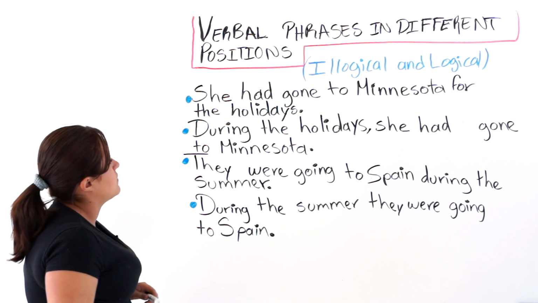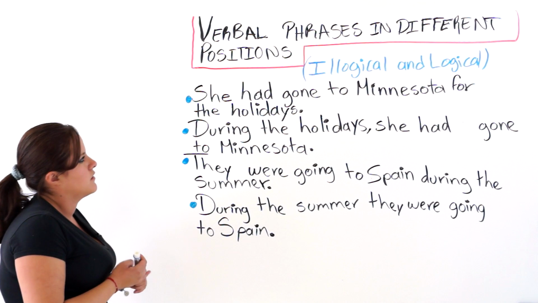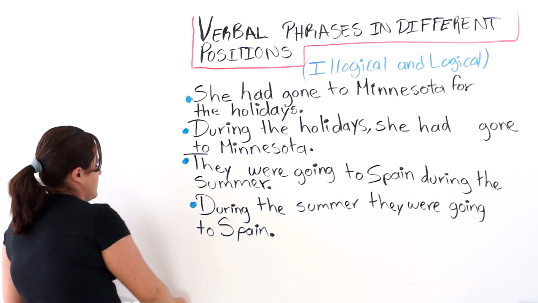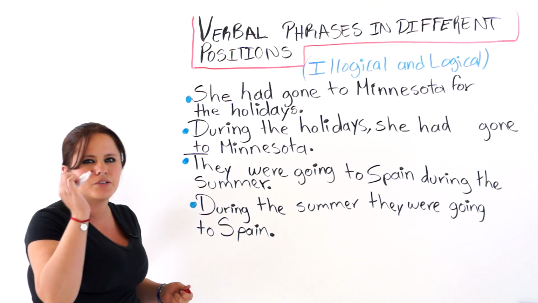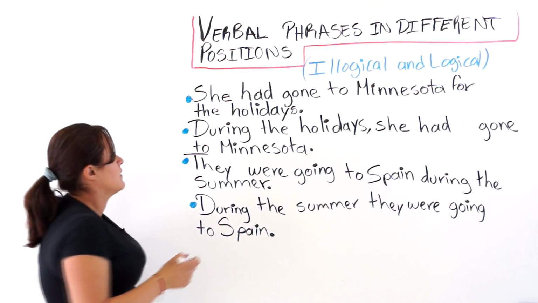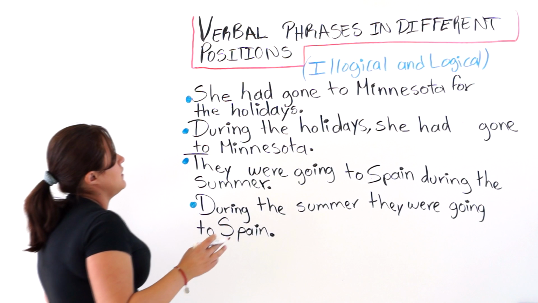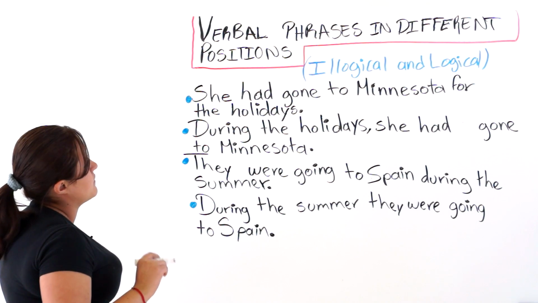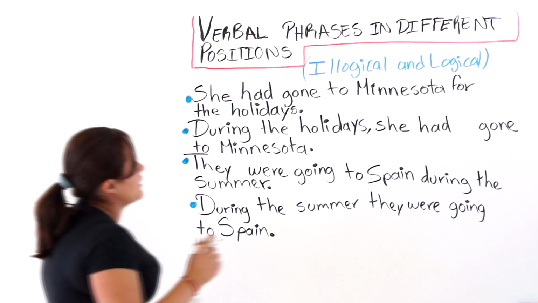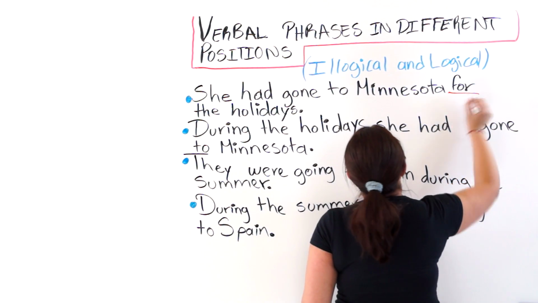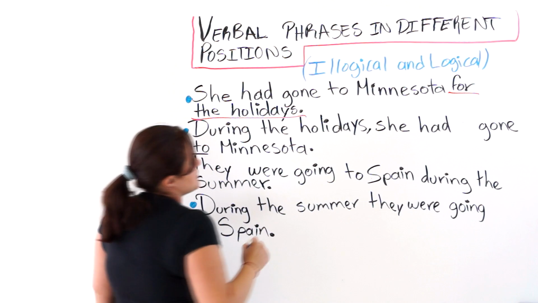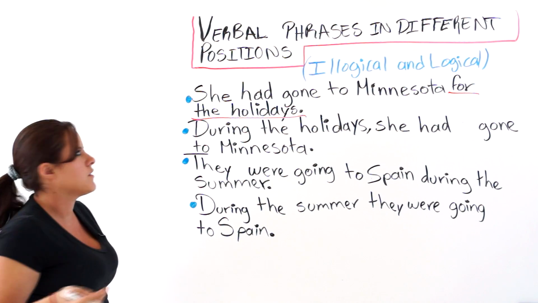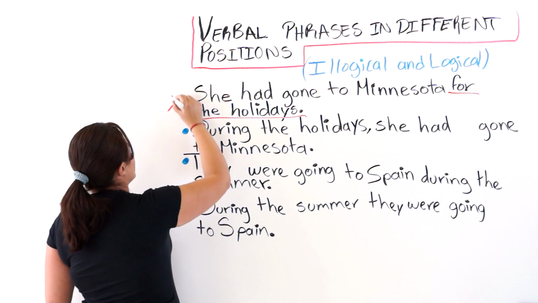Is that illogical or logical? We are going to cross out the illogical ones and tick the logical ones, all right? She had gone to Minnesota for the holidays. Since we have a verb, this is not even a verbal phrase. It is a prepositional phrase. So, therefore, it is wrong.